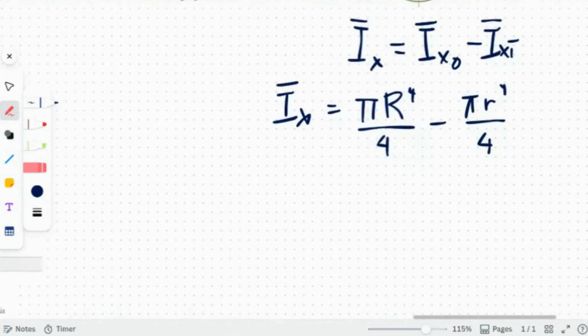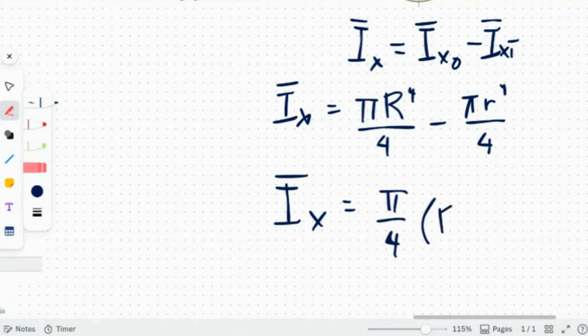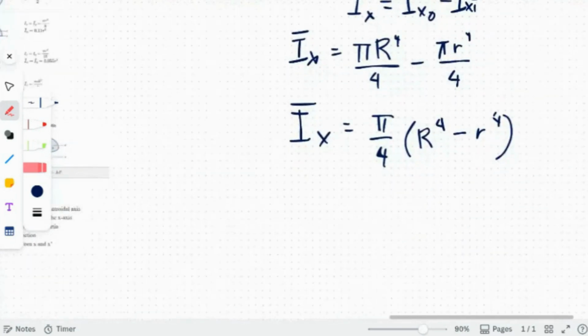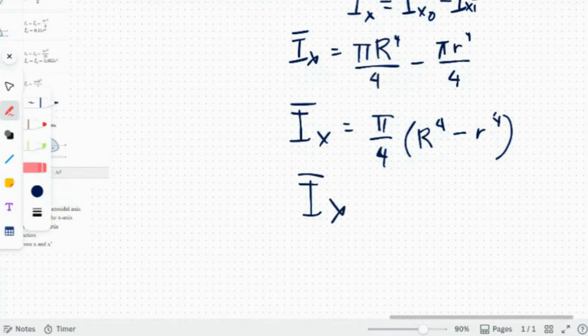If you want to simplify that, it's going to be pi over 4 times big R to the 4 minus small r to the 4. Okay, so the values are 3 and 2. So if you want to solve that, that's going to be 3 to the 4th minus 2 to the 4.